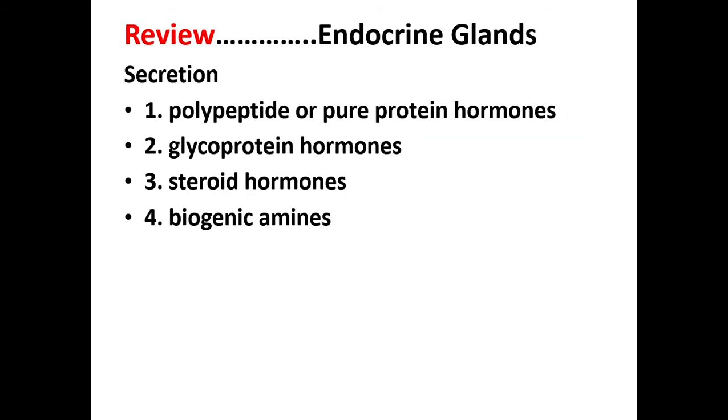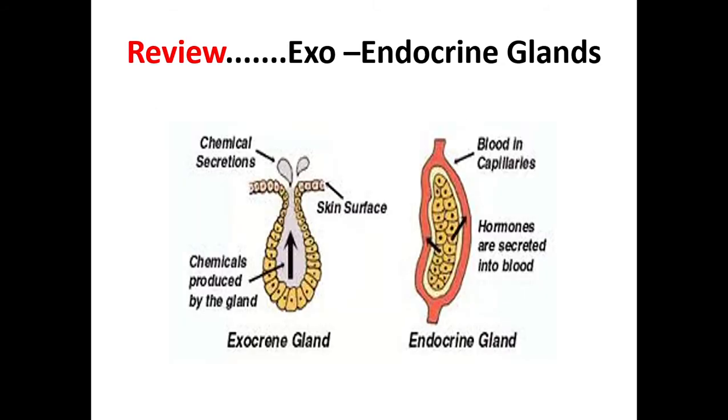The secretion of endocrine glands includes polypeptide or pure protein hormones, glycoprotein hormones, steroid hormones, and biogenic amines. So we have here an illustration of exocrine glands and endocrine glands. Try to focus on the illustration and take note of the differentiating points between the two glands.